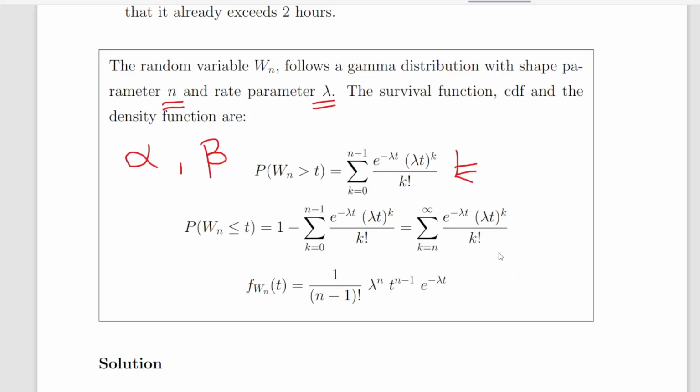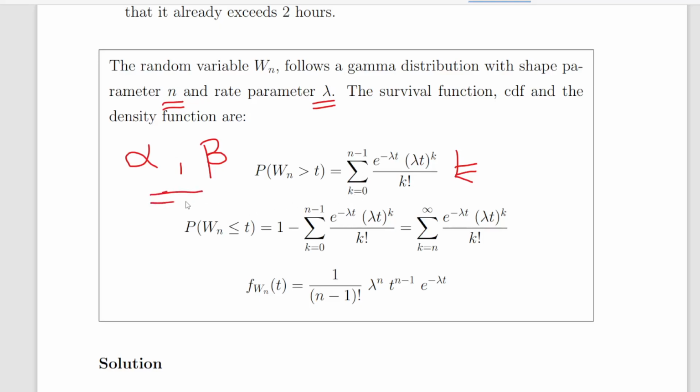When we're using this formulation in terms of n and lambda, it presupposes that n is an integer, okay? That simplifies the mathematics associated with the gamma distribution for all these formulas massively. Essentially, we can write them in terms of these discrete summations.